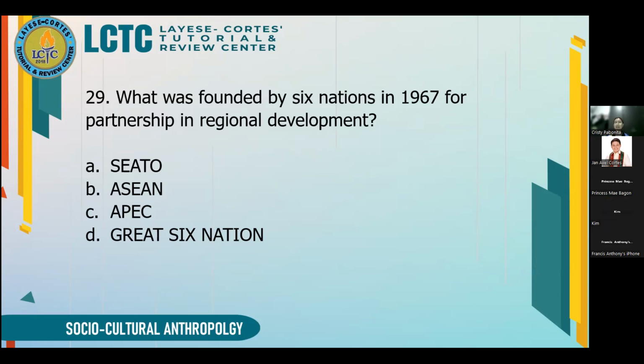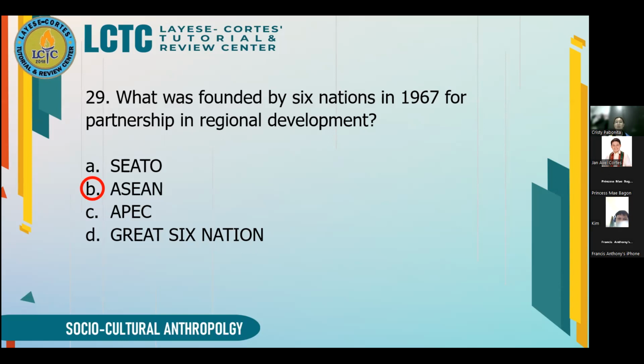We have to cancel out Great Six Nation, letter D, because it is non-existent. So it's either A, B, or C. Letter B, ASEAN. Yes, very good. So the answer is ASEAN.